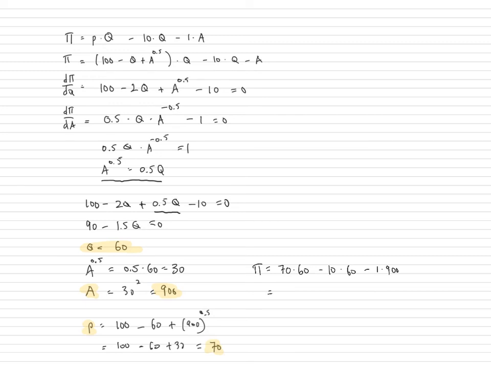So 70 times 60, that's just 4,200, minus 600, minus 900 equals 2,700. There we have our profit.